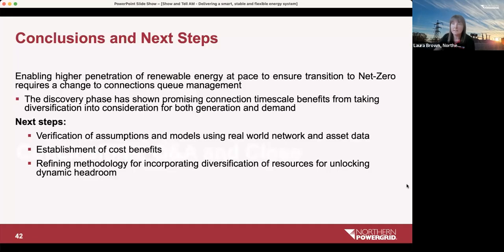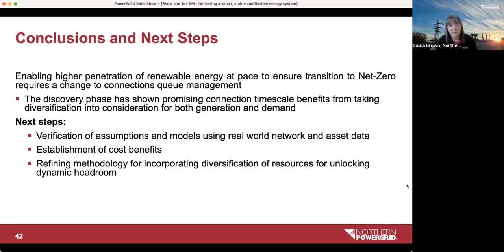So the next slide, what we've found in this study is that just what we thought, that the discovery phase has shown some really promising connection timescale benefits from taking diversification into consideration for both generation and demand.